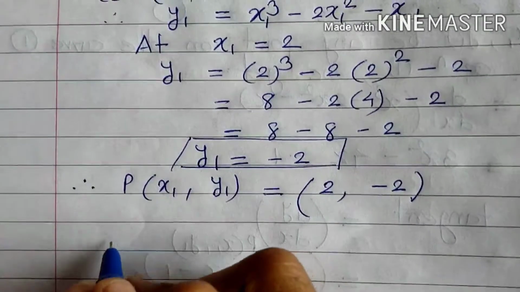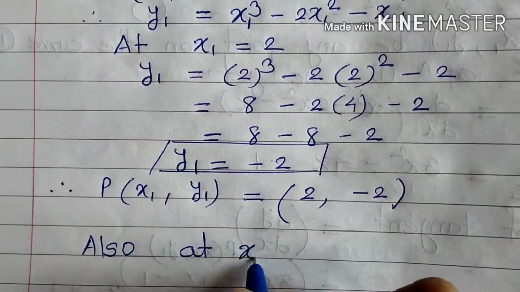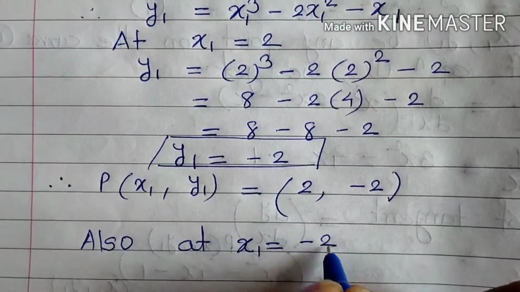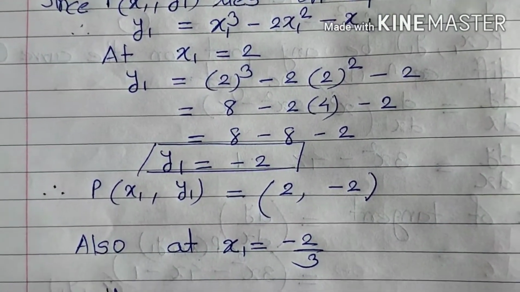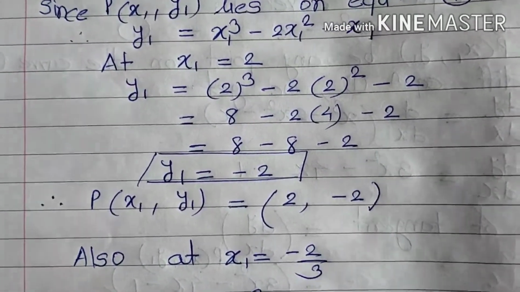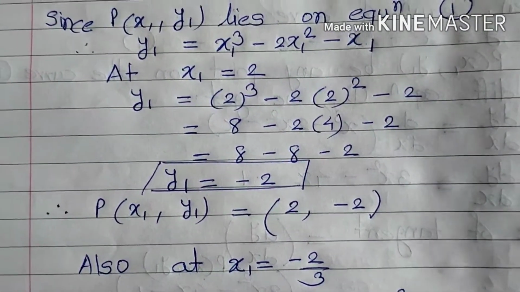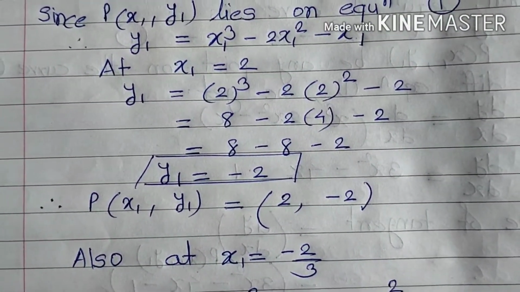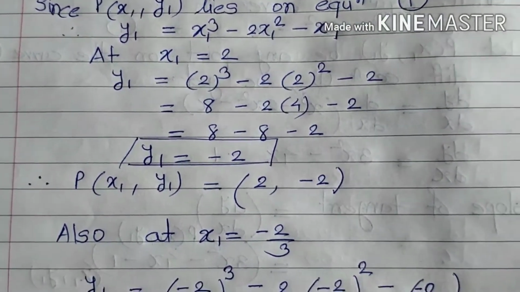Also at x1 equal to minus 2 upon 3, the same equation you can put here, y1 equal to minus 2 upon 3 cube minus 2 upon 3 square minus minus 2 upon 3.